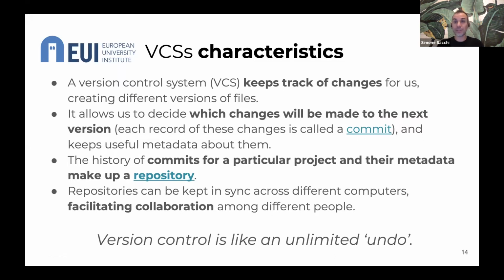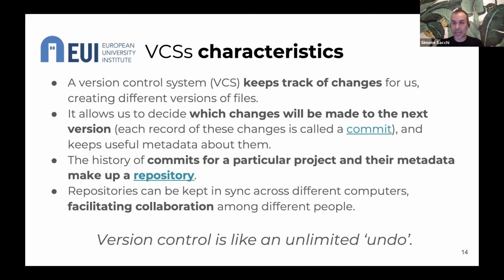But here, the general idea is that a version control system allows you to keep track of changes, creating different versions of the file without replicating the file according to the file names, like you would do, for example, in the case of the comic. It also allows anybody to decide which changes will be made into the next version. So imagine that you have multiple copies because you received feedback from several people, and you need to generate a new one at the end of the process.